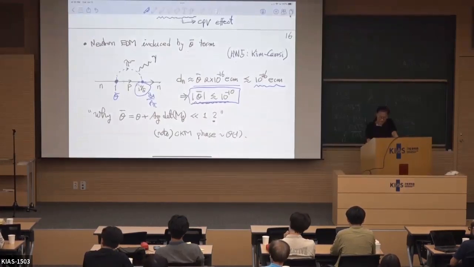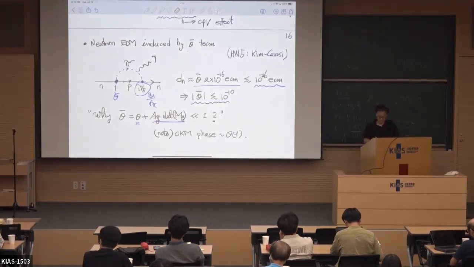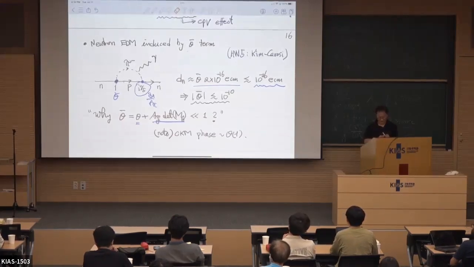In particular, theta bar is a combination of the QCD vacuum and the non-trivial phases in the quark mass matrices, which may be related to the CKM phase, which is order 1 compared to this small number 10 to minus 10. So this is called the strong CP problem. Can you understand theta bar being so small?